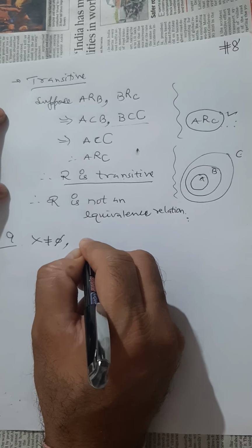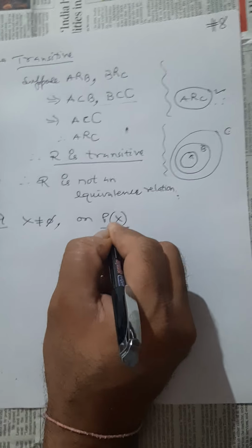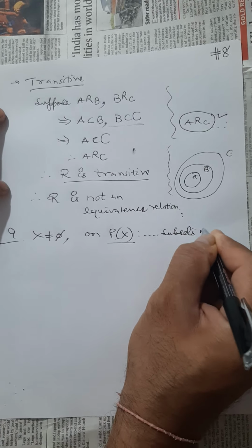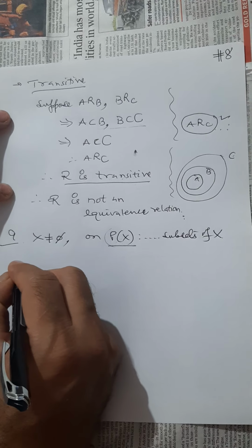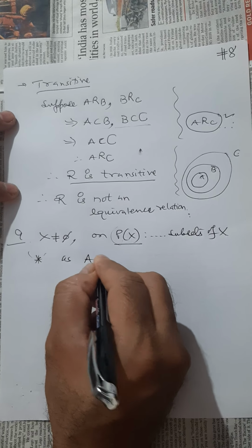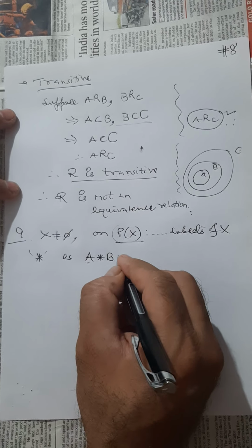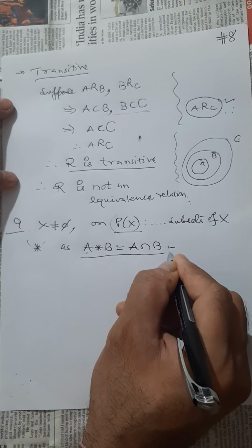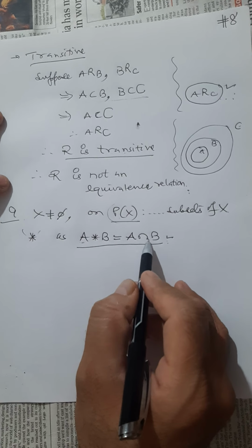A binary operation is given on P(X), the power set of X. So here the members are the subsets of X. The binary operation asterisk is given by A * B, where A and B are members of P(X), which are sets, equal to A intersection B. This is our standard intersection operation on sets. You know that this is commutative and associative.